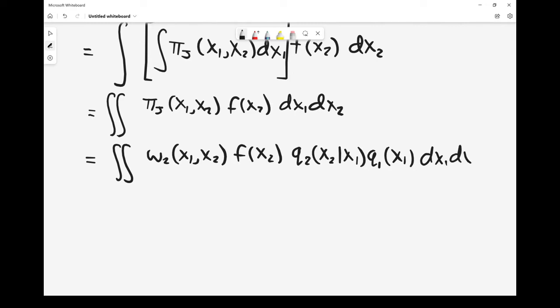So we're still doing importance sampling. It's just that now we're targeting this 2D joint distribution, and our proposal is this thing.